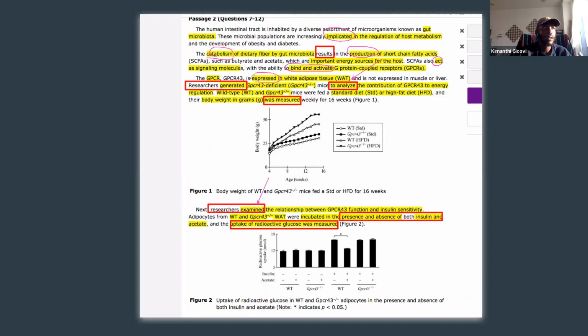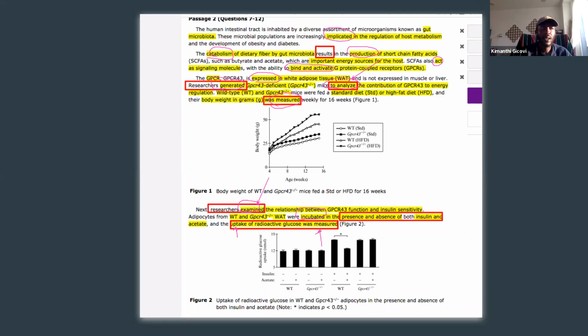If you notice, the vast majority of the things that I highlighted either begin with, or for the most part end with, a verb. That's a very high yield way of making sure that you capture the full thought and the action that's moving the process along.